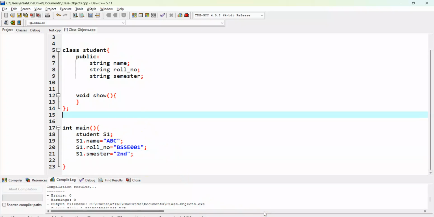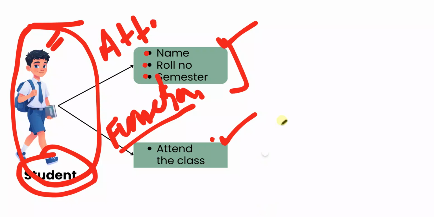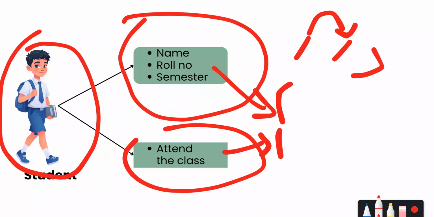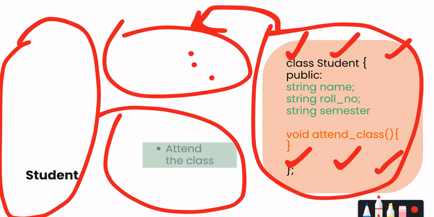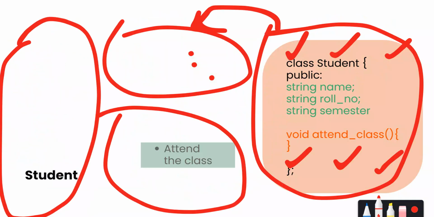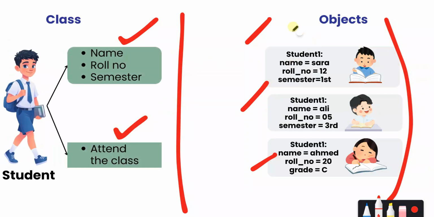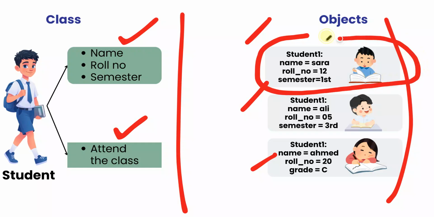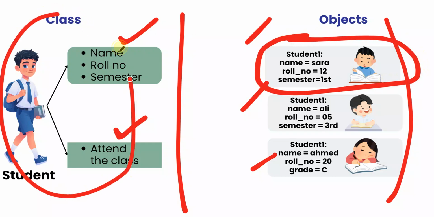So s1 is created. I think I should take you back to that slide. Here you can see that we have created one student object. This was the student class, and for that student class we created one object, and to that object we have assigned some values.